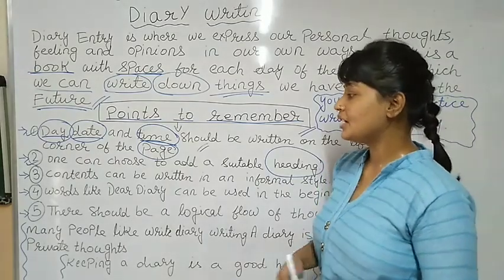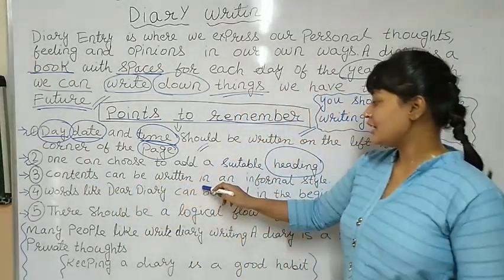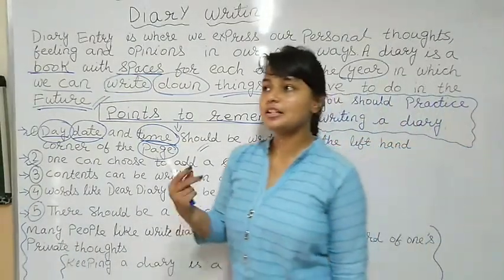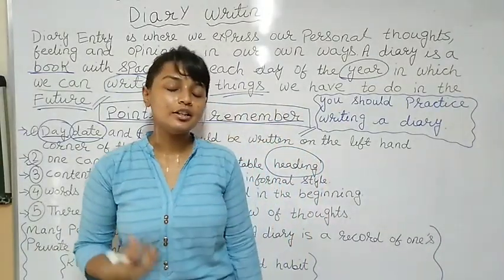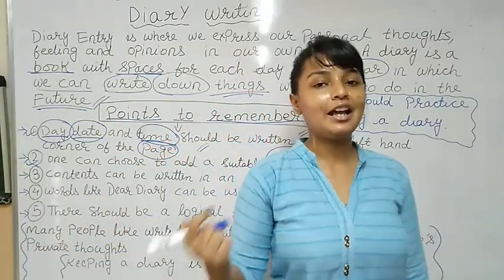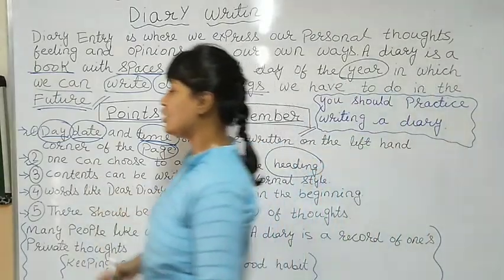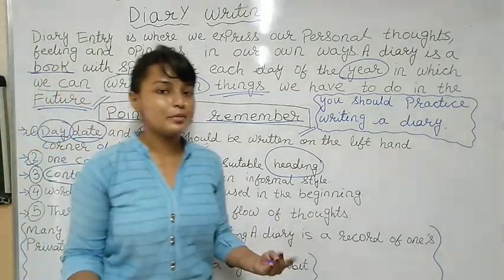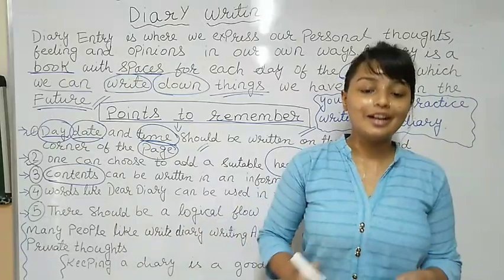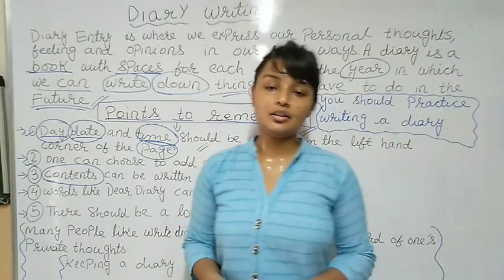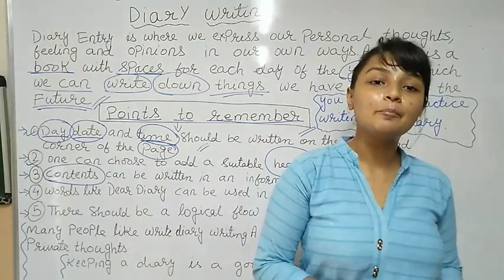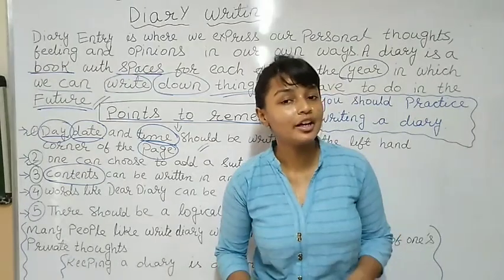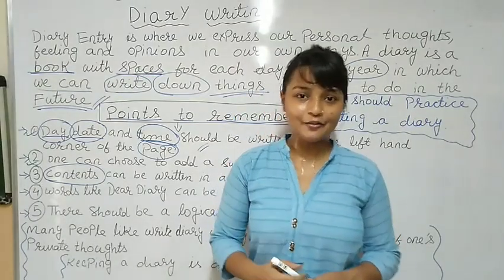So the third one is that contents can be written in an informal style. Contents means the topic that you are writing in the diary about your date and time. So the contents should be written in an informal style, in a very good pattern, because whenever you reread your own diary, you will remember the memories, right? आपने जो भी लिखा होगा कुछ टाइम के बाद आप ओपन करके देखोगे, so आपको वो सारी चीजें याद आएगी फिर, definitely, students.